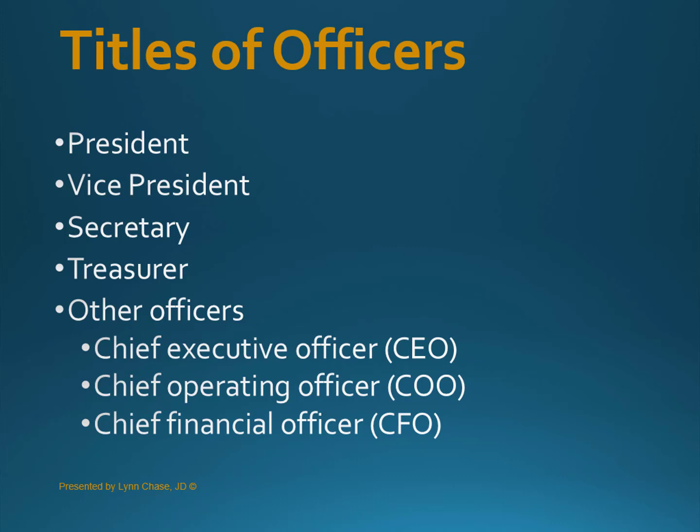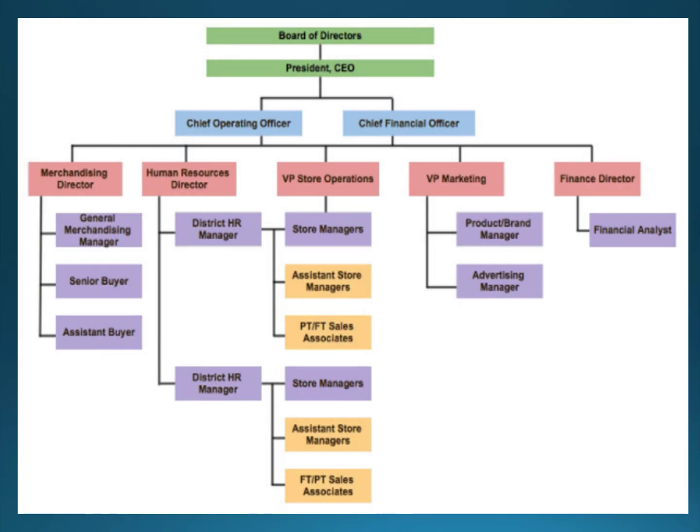Other officers you may encounter are the Chief Operating Officer, also known as the COO, and the Chief Financial Officer, or the CFO. Here you see an organizational chart of a marketing company and the many different officers and their titles.